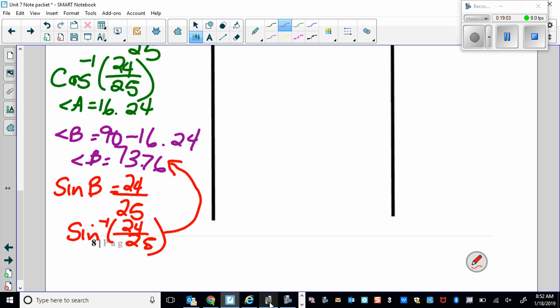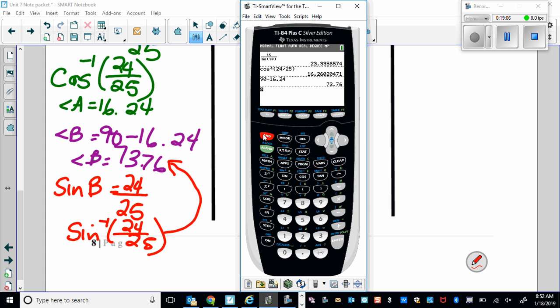So I'm going to grab my calculator, and I'm going to do second sine, and then you put 24 over 25. And you press enter. See how close they are? 73.76 is what I got. But since I have not used the whole thing, like if I use 90 minus the whole thing, it would have given me this. Okay, so that's something you guys have to work on.